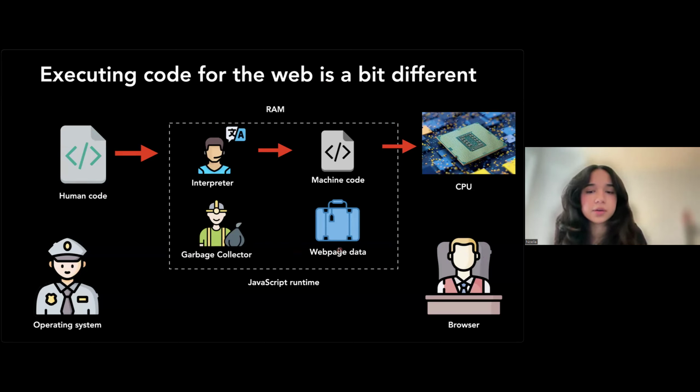And then you also have access to the web page data. So your JavaScript understands all the HTML and CSS that's on your page. And so everything, all of this is managed by the browser, but everything is also managed and policed by the operating system. So that hasn't changed.